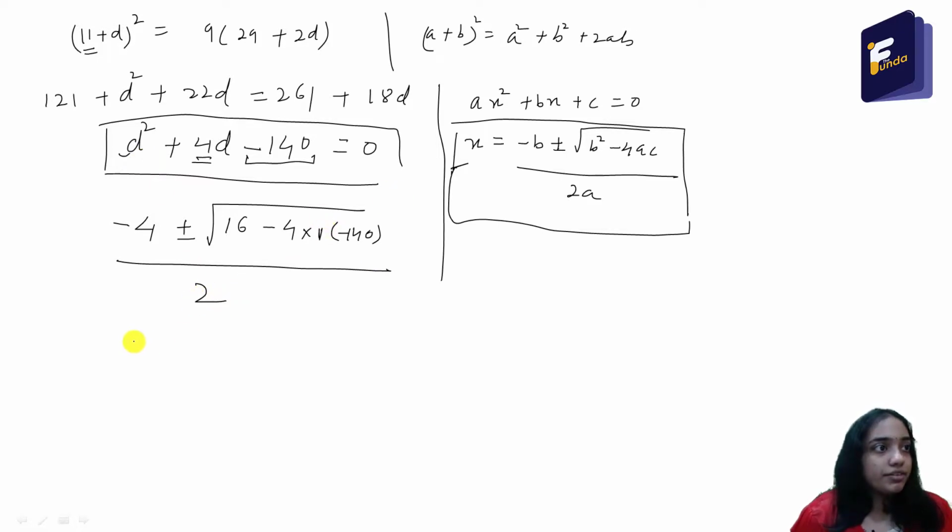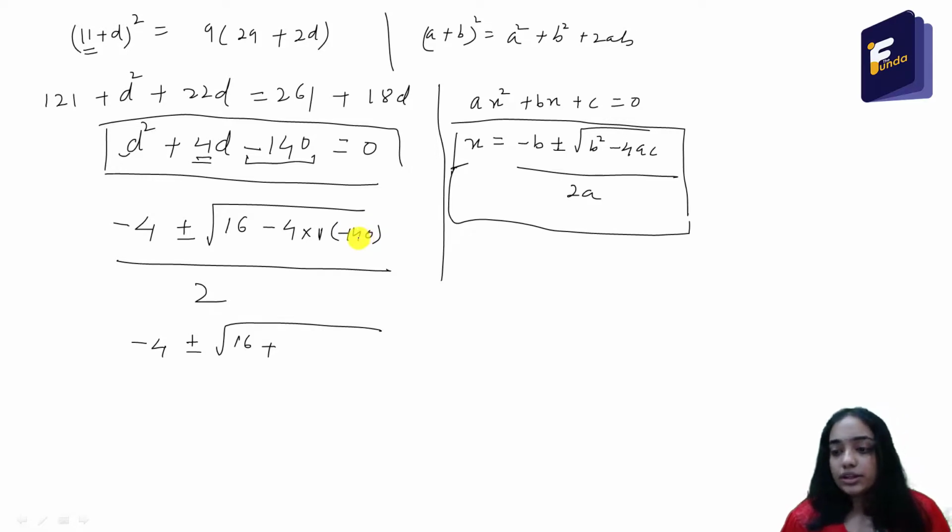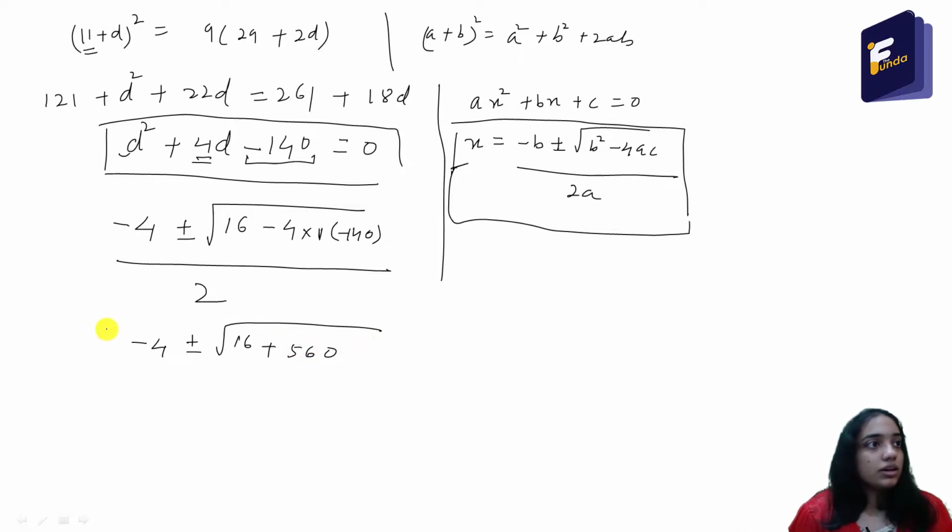So by simplifying this we will get minus 4 plus minus root over of 16 plus 140 into 4, that is minus 140 into minus 4, it is plus 560, whole by 2. So it is minus 4 plus minus root 576 by 2.